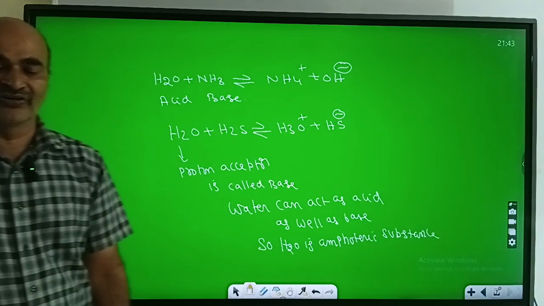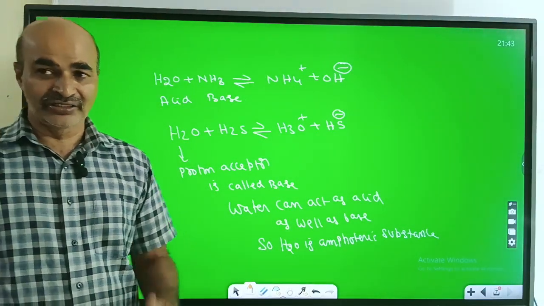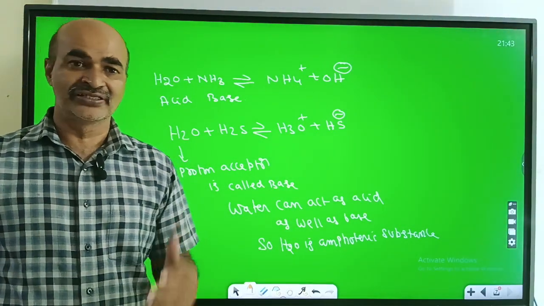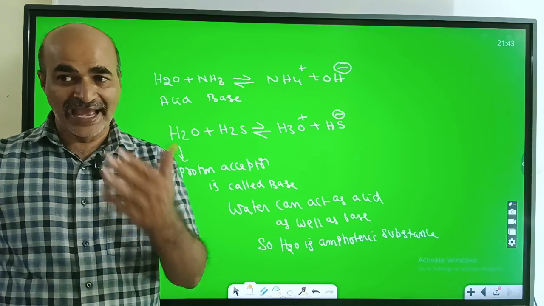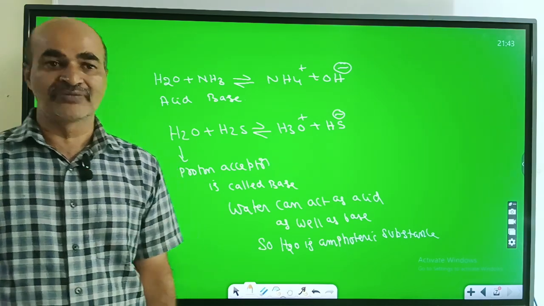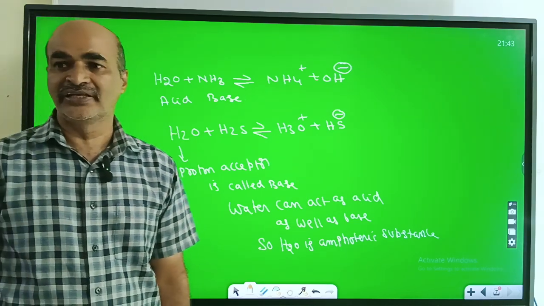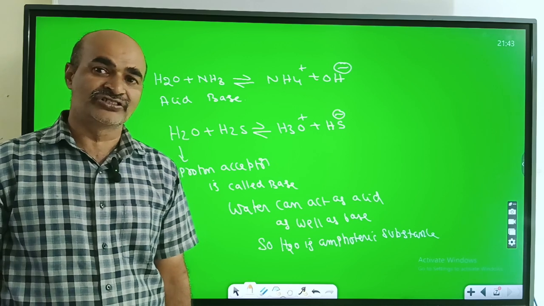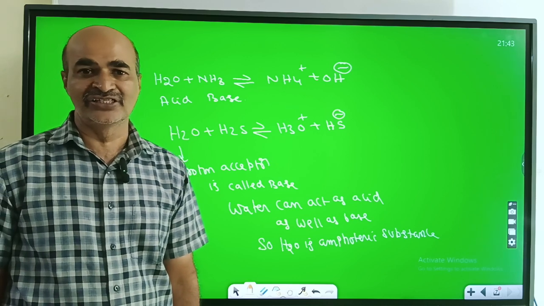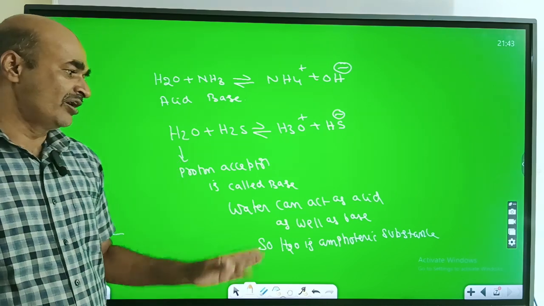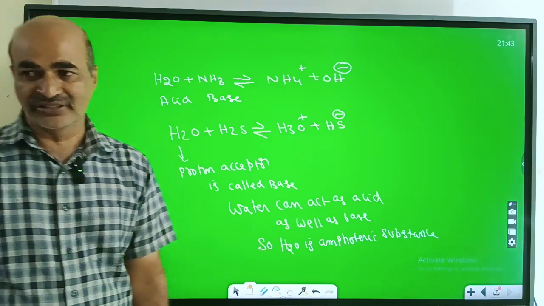Why is water an amphoteric substance? Water can give H plus ion. At the same time, water can accept H plus ion. The substance which gives H plus ion is called an acid. The substance which takes H plus ion is called a base. So water is an amphoteric substance.